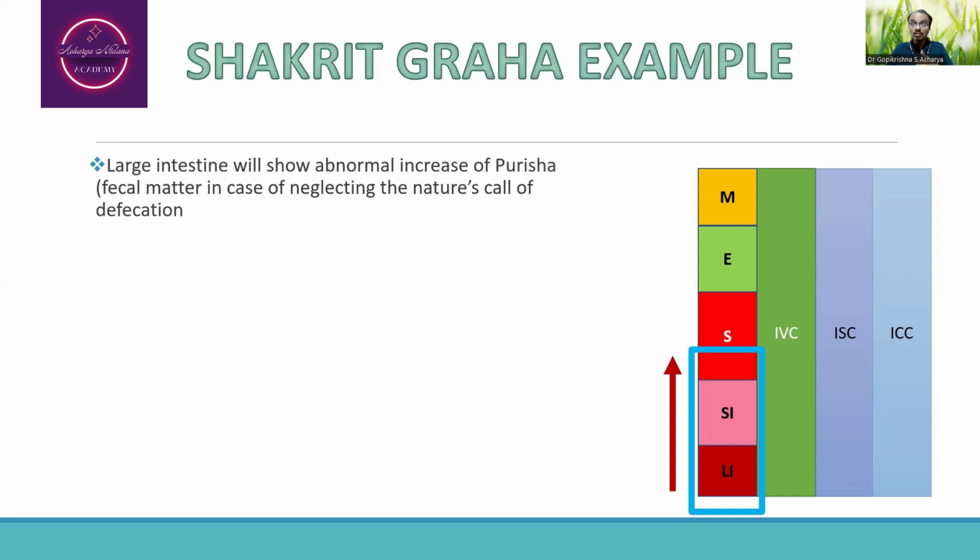The person may have apanavata vikruti, that is pratiloma pravritti of apanavata. The next phase is the abnormal functioning of samanavata and later abnormal functioning of pranavata. Here the arrow shows the reverse movement. So this is the classical example of an increase of vata dosha in the alimentary canal.